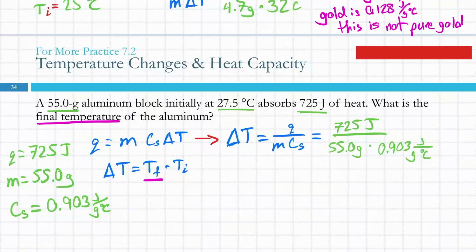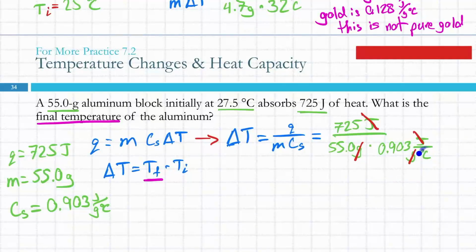The way that the units cancel out, we've got joules on the bottom in our C units. That's going to cancel out with the joules on top. So those joules cancel. We've got grams on the bottom, and we've got grams double on the bottom. It's on the bottom of the bottom. Those also cancel out.